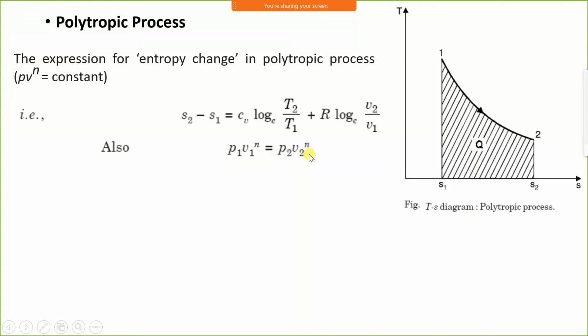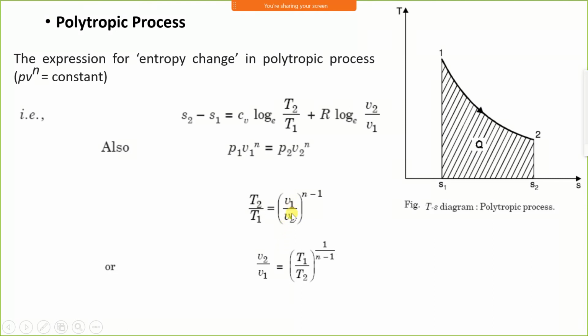We have already seen the pressure volume temperature relation. Now temperature and volume relation. T2 by T1 is equal to V1 by V2 raised to power n minus 1. Now let us find it in terms of V2 by V1.